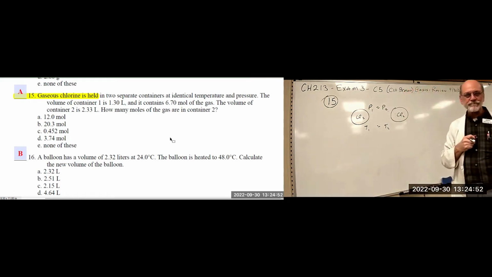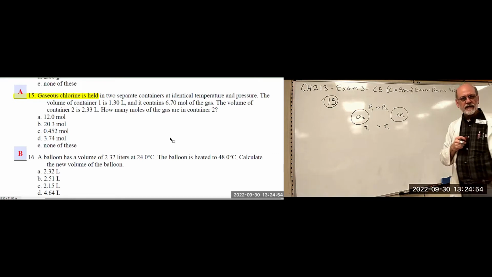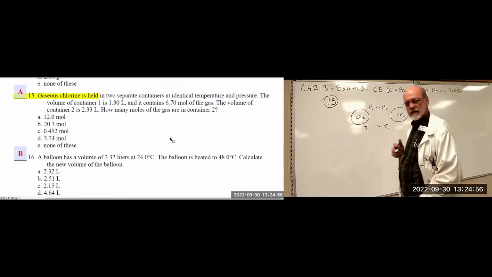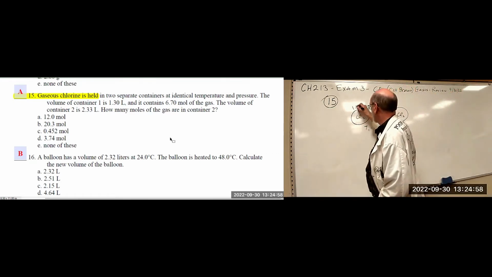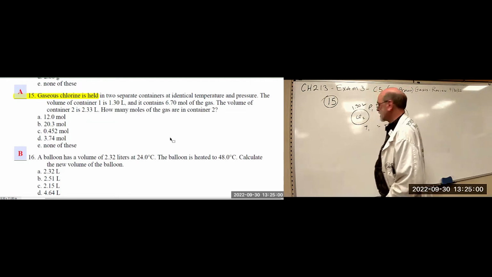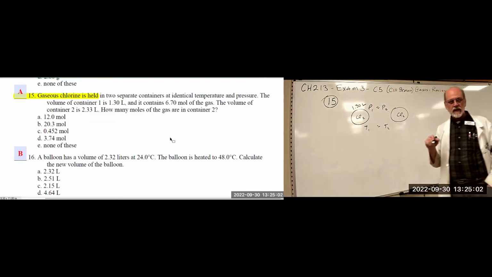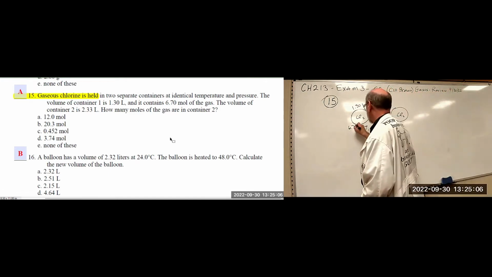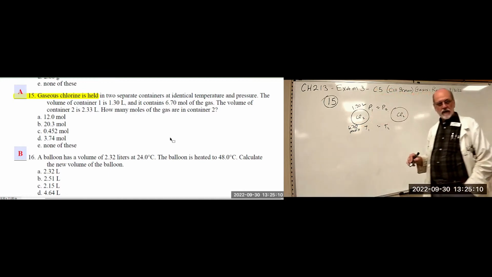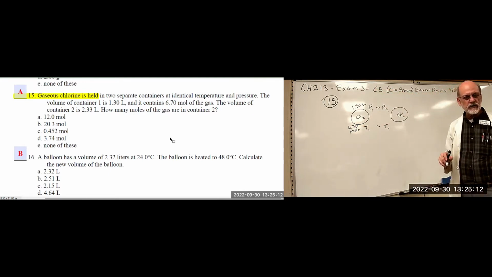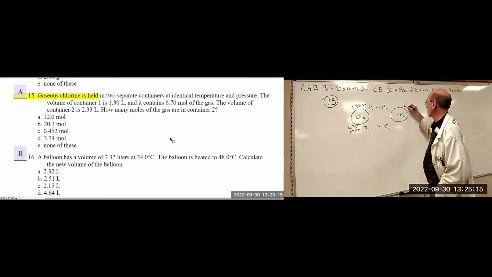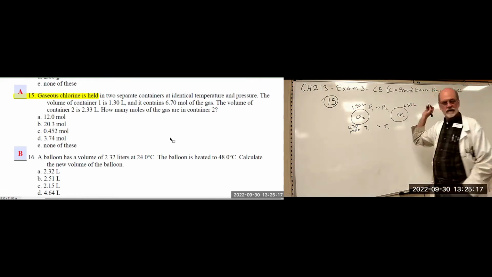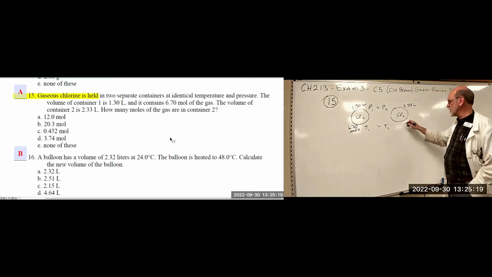The volume of container 1 is 1.30 liters and contains 6.7 moles. Volume of container 2 is 2.33 liters. How many moles does it have?